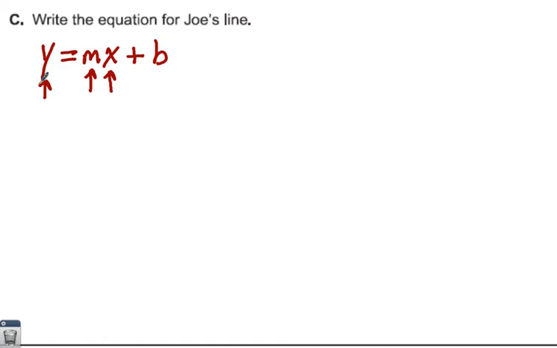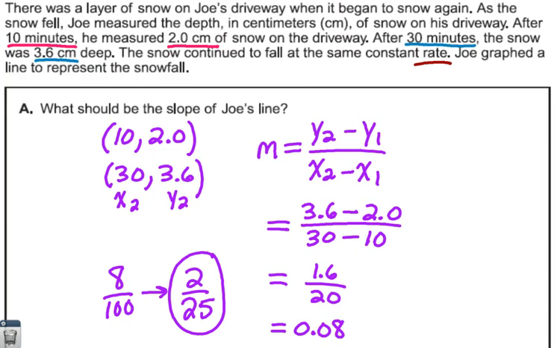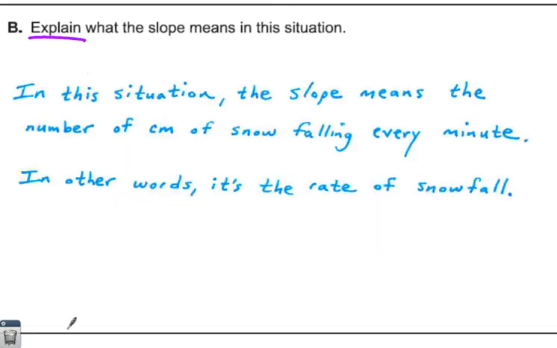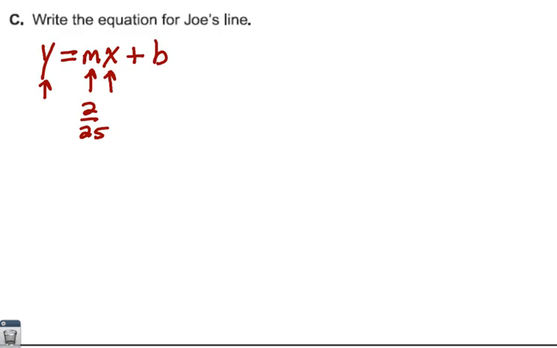So I think the slope we're going to plug in is 2/25. And then what's the point we're plugging in? 10, 2. So we're going to plug in 2 for y, and 10 for x.